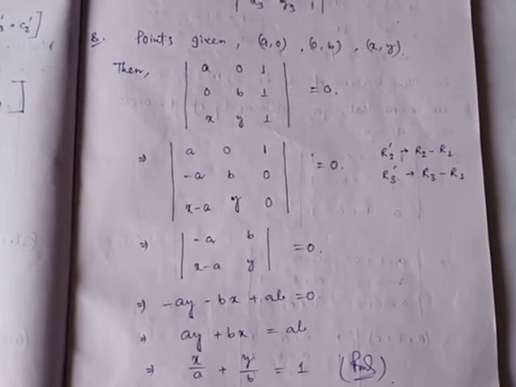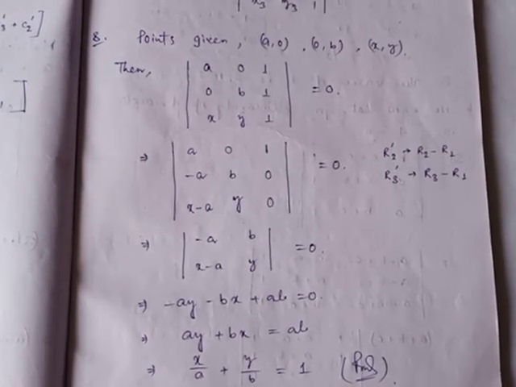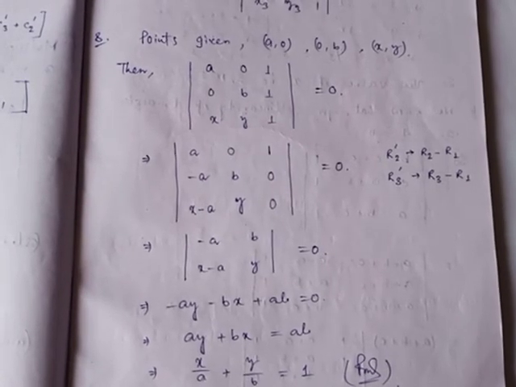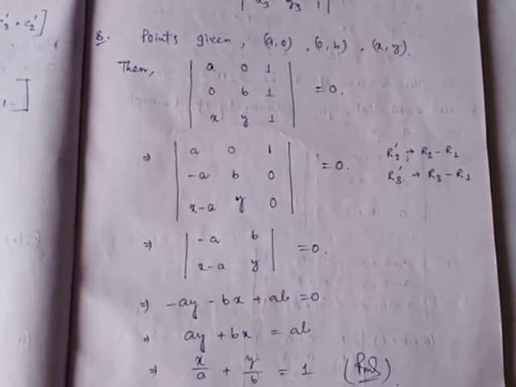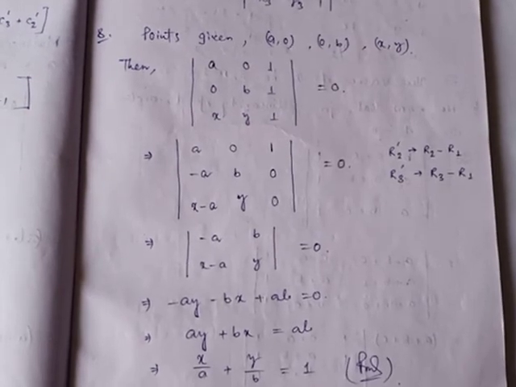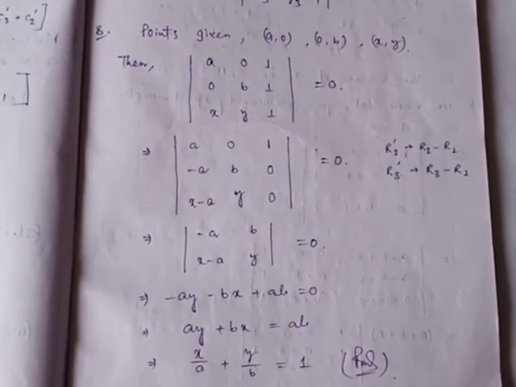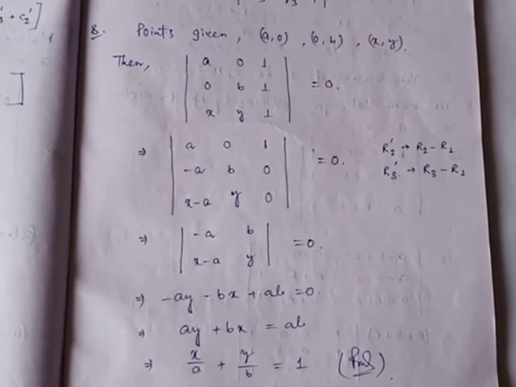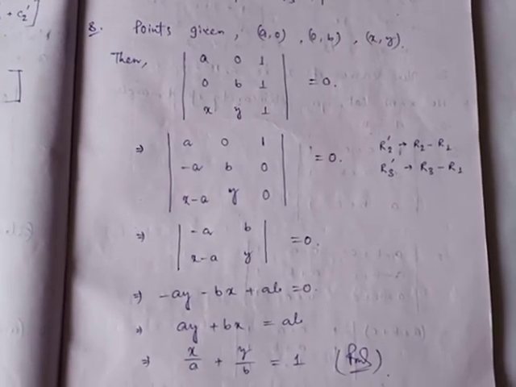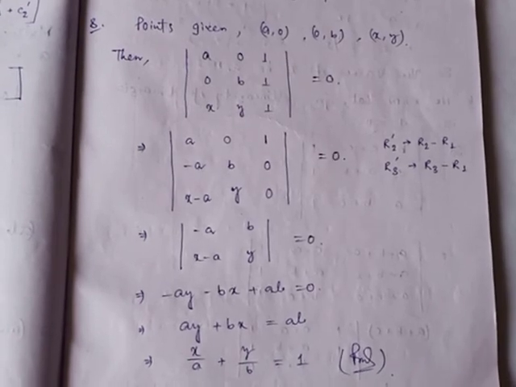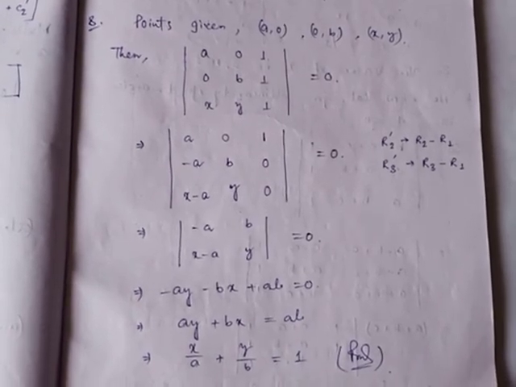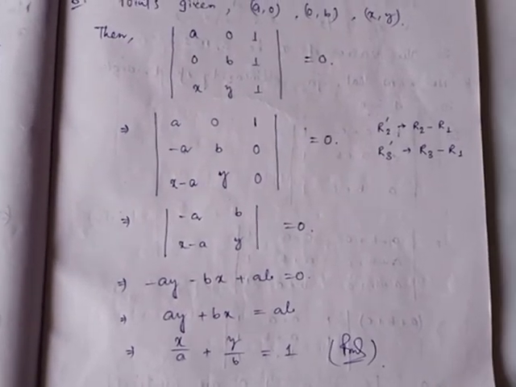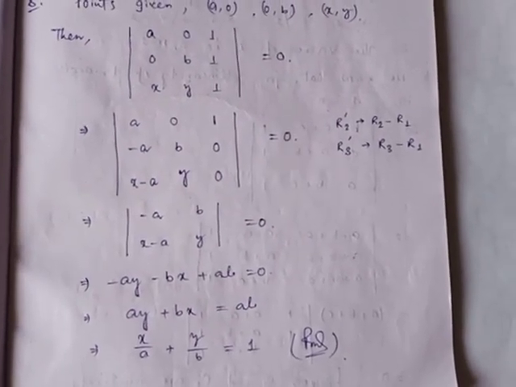Now applying R2' equals R2 minus R1 and R3' equals R3 minus R1, we can write the determinant with 1 in the first row. You can write minus ab, x minus a, y. Now multiplying, we get ay plus bx equals ab. That means x by a plus y by b equals 1. That's all for number 8.